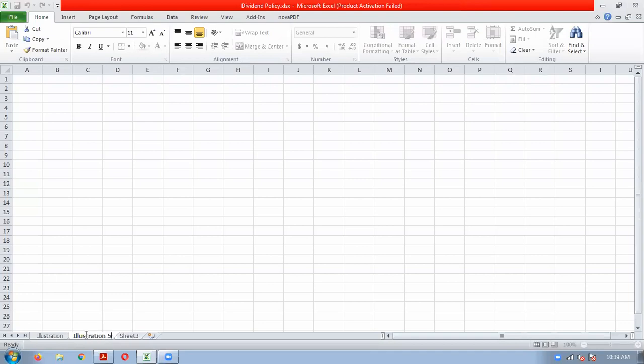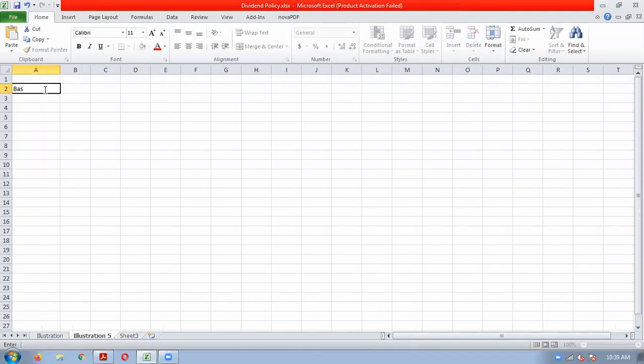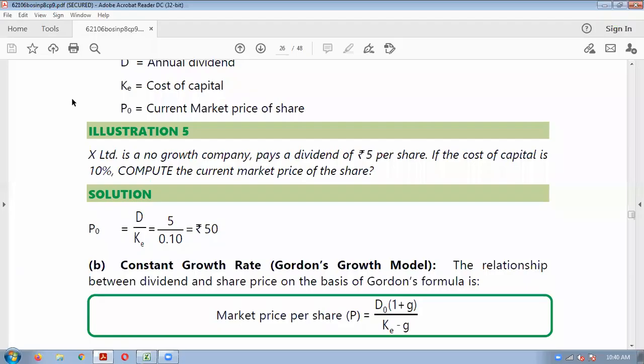Number 5. So for the Gordon growth model, what all details will we require? Basic details. D0 is required, G is required, K is required. So D0 is given.